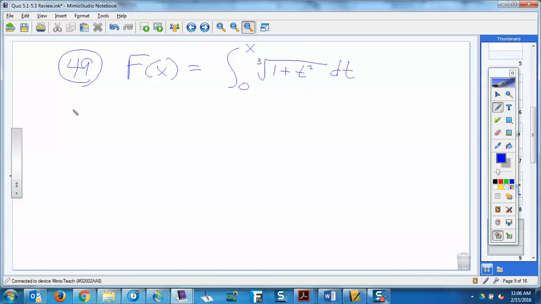They want you to find the derivative of big F of x squared. Right? They want the derivative of that. Okay, so forget this for a minute. Just forget it, right? Big F is the antiderivative of that.